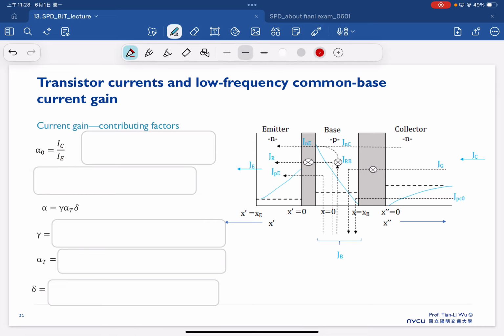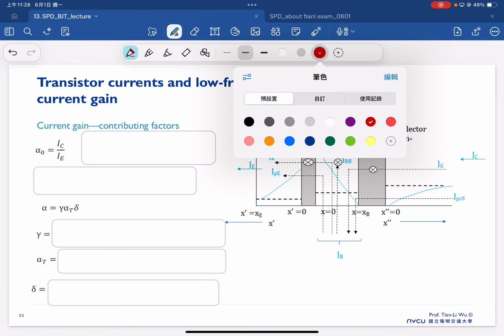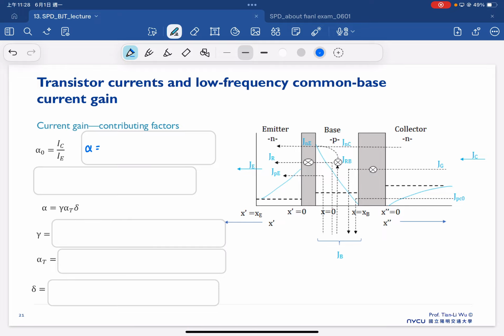Therefore, the current ratio can also be considered as delta IC versus delta IE. Now we have to think about which components in the end cause the IC and IE.